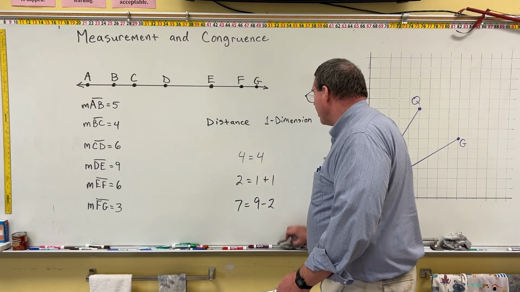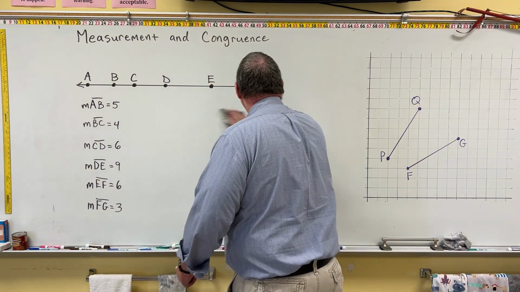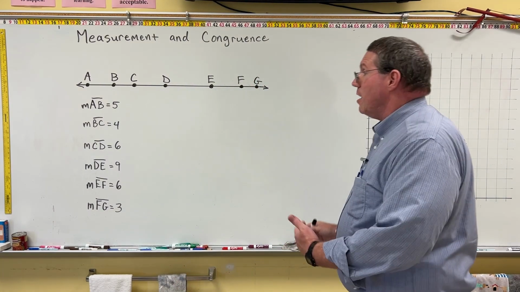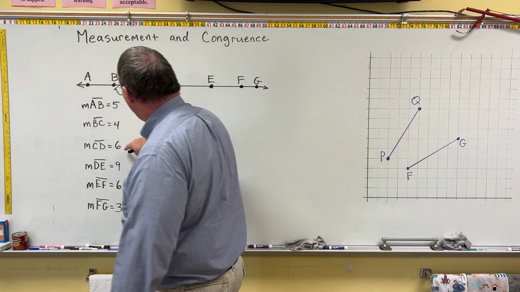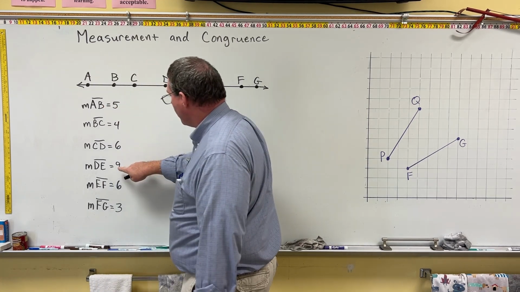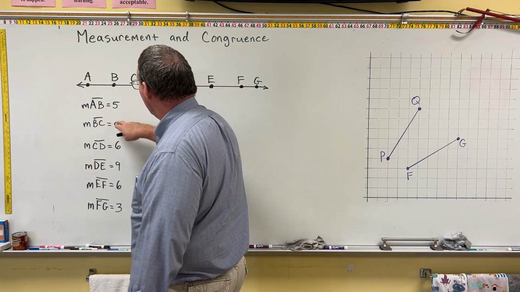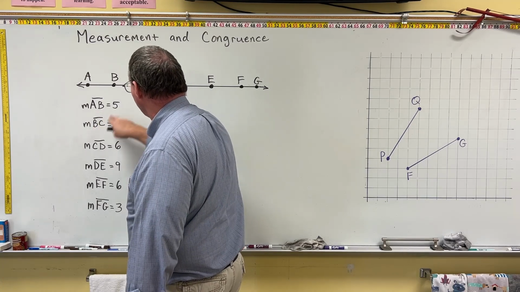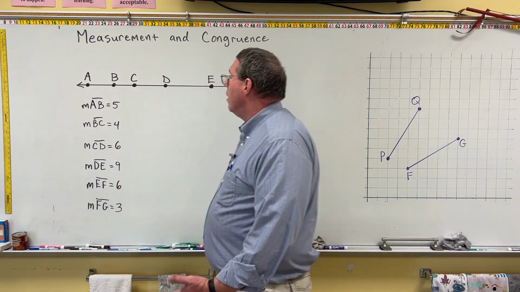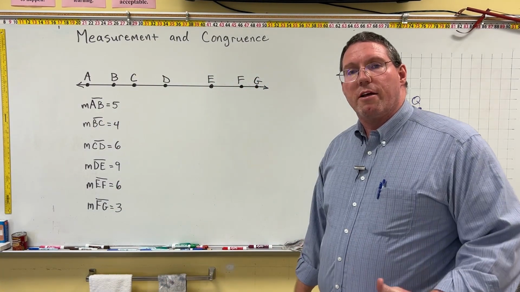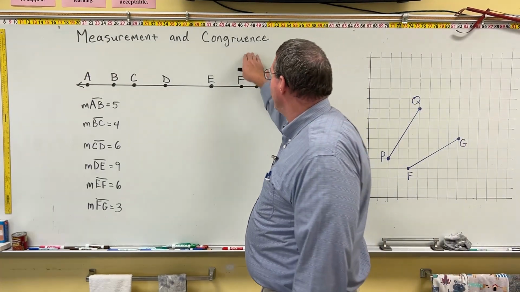But in geometry, we use a different word generally than equals. Like we can say that 9, the distance between D and E, is equal to the measure of A to B plus the measure of B to C. Those are equal.